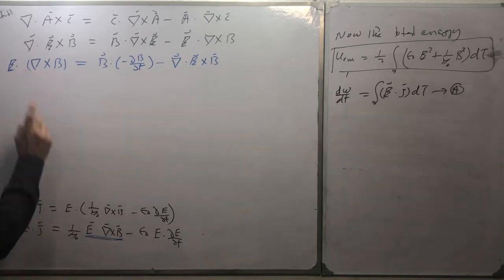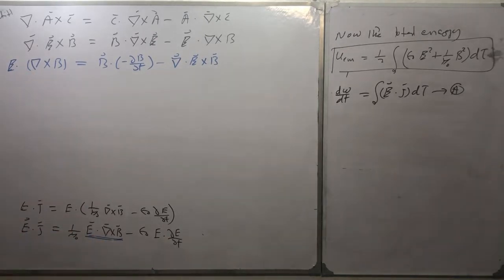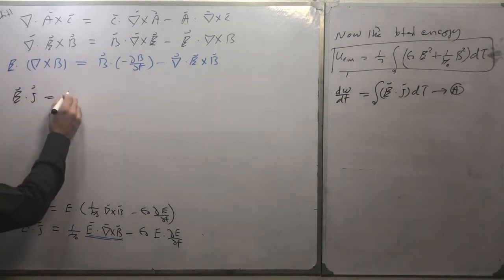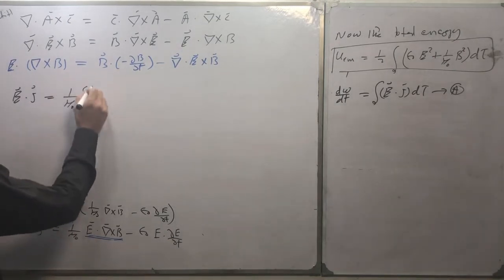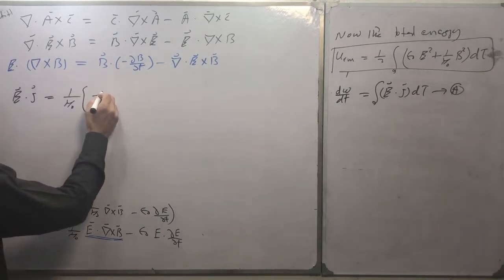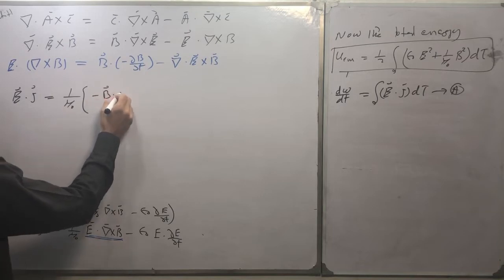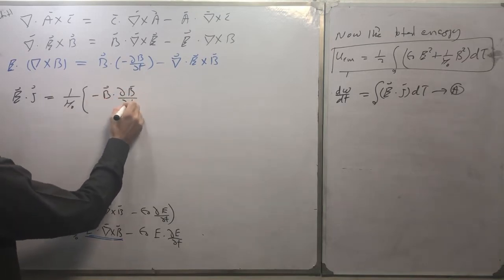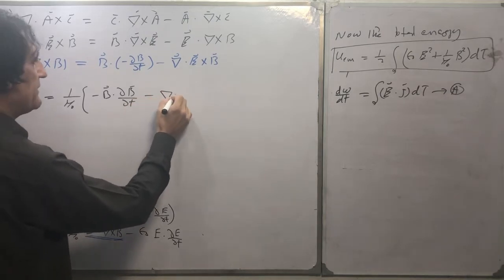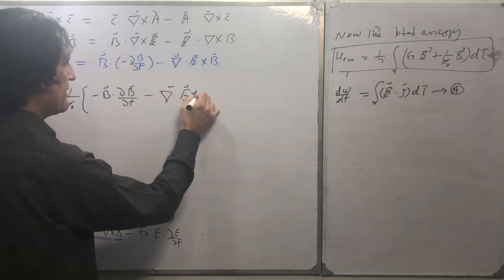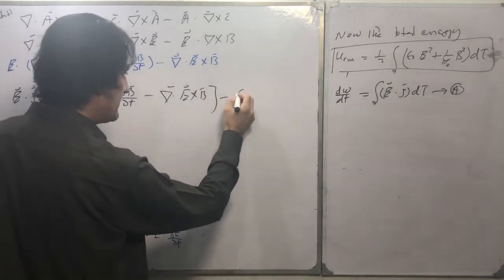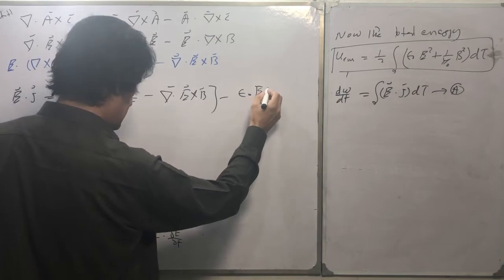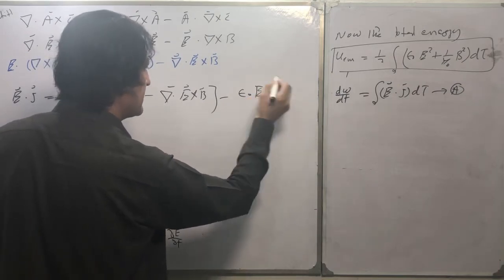Putting the value of this term here, E dot J is equal to 1 over mu naught times minus B dot partial B divided by partial t minus del dot (E cross B), and this term as well, minus epsilon naught E dot partial E divided by partial t.